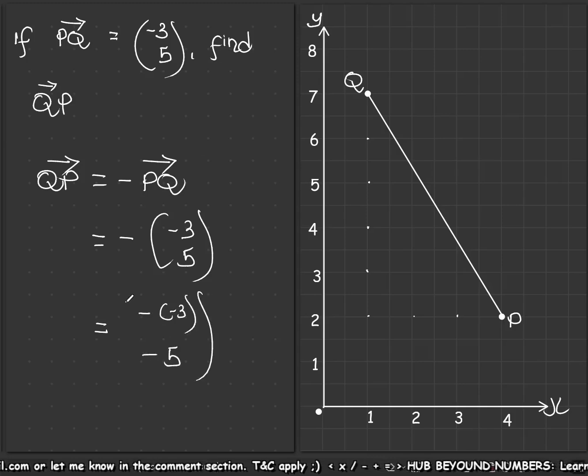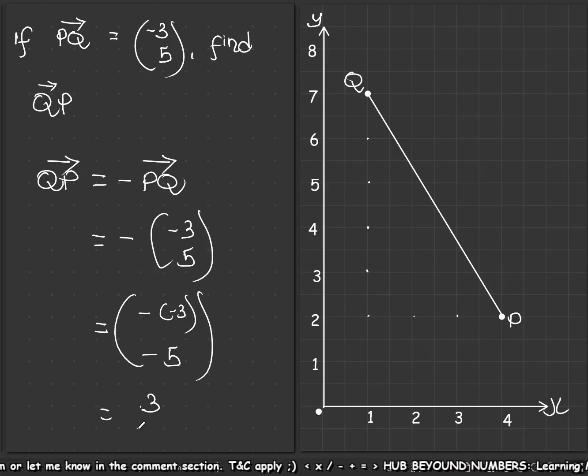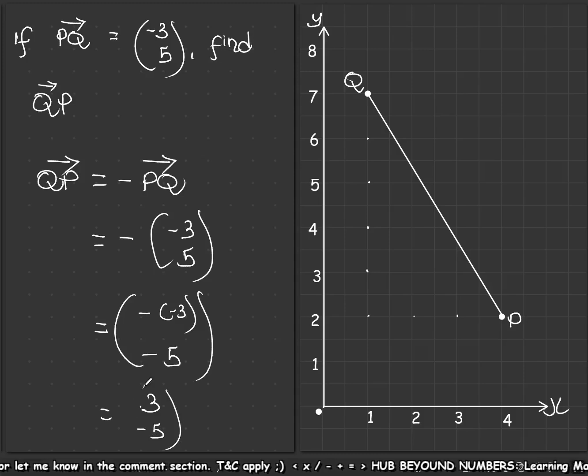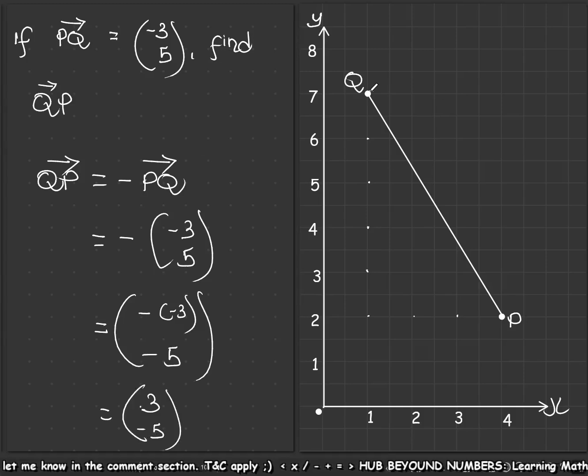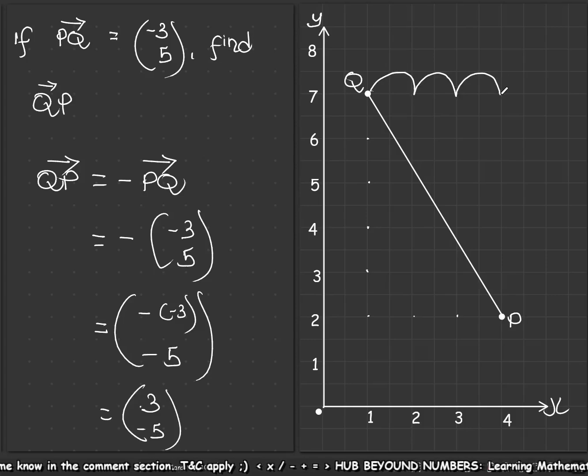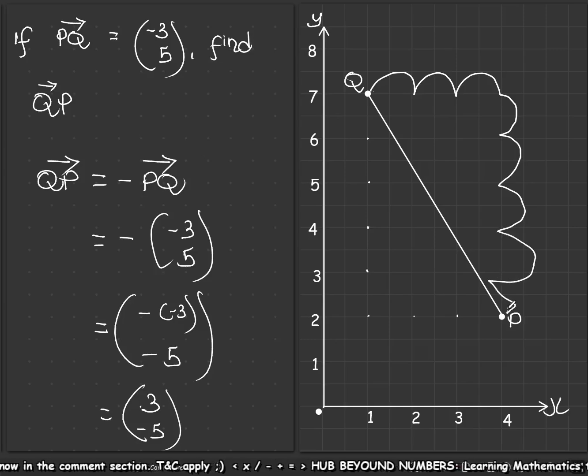So we are going to get +3 and then -5. Just as we said, +3 means you are moving 1, 2, 3, then the -5, you are coming down 5 times.